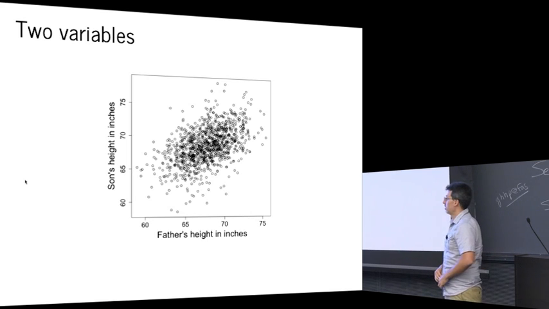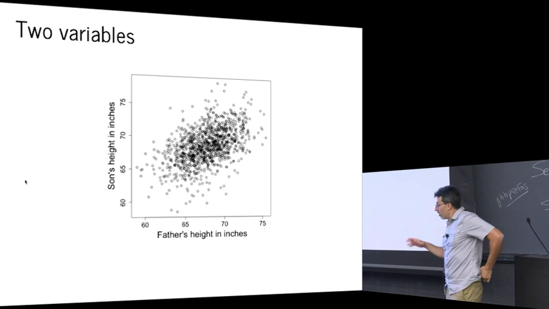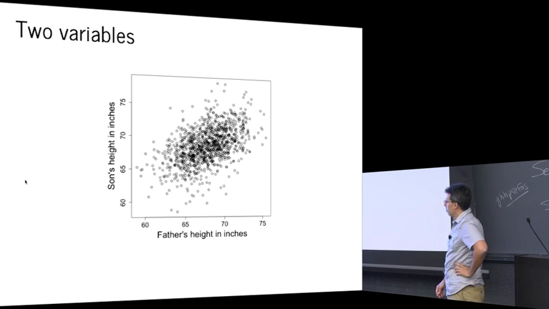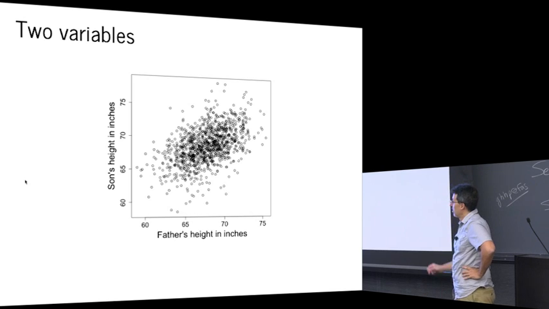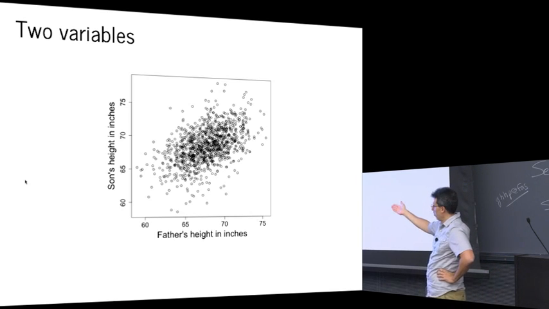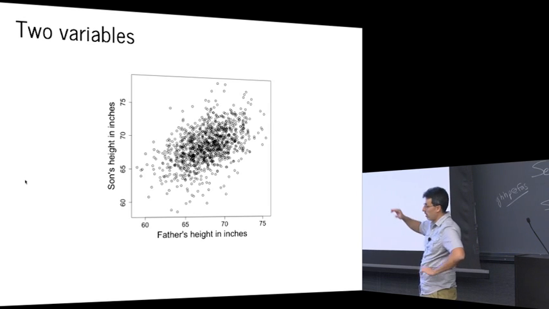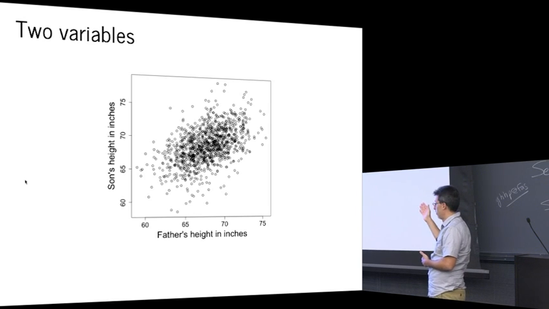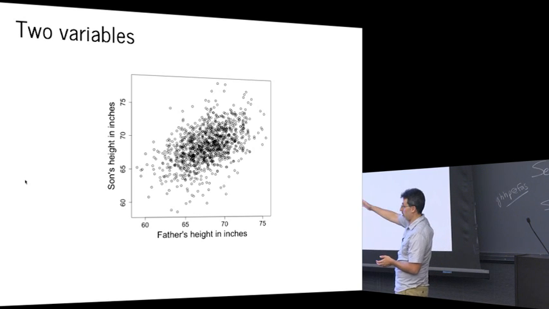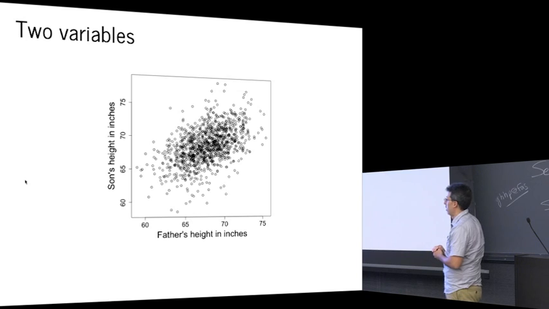So this is a famous example from when all these ideas started to get attention, and it had to do with genetics and heredity, where they would notice that your father's height and son's height had a relationship. Taller dads had taller sons. So this is a picture of that data. You can see there's a relationship that kind of goes up. So if I want to summarize this data, how do I do that?